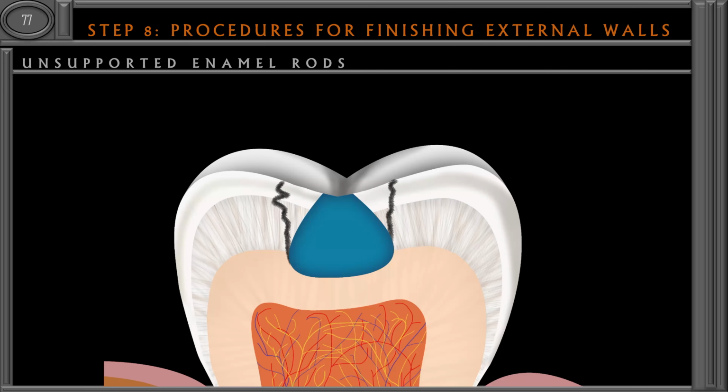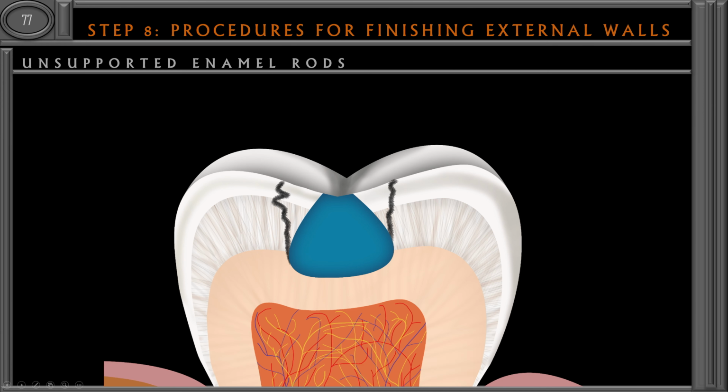If we do not remove the unsupported enamel rods completely, then after doing the restoration, in the long term, this unsupported enamel will get disrupted and fracture off, leaving a marginal deterioration. So that has to be avoided.